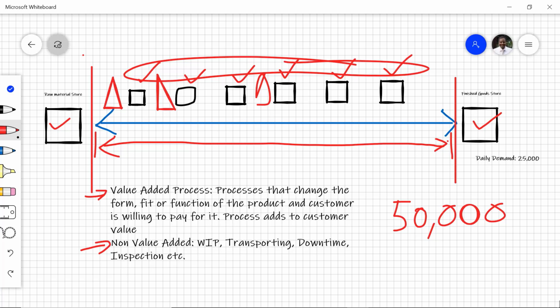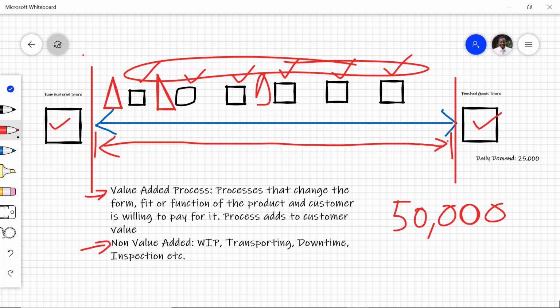Now we are only interested in the processes that add value. What are processes that add value? Processes that add value actually change the form, fit, or function of the product, and the customer is willing to pay for it. There could also be other processes in your operations, like transporting, downtime, inspection.